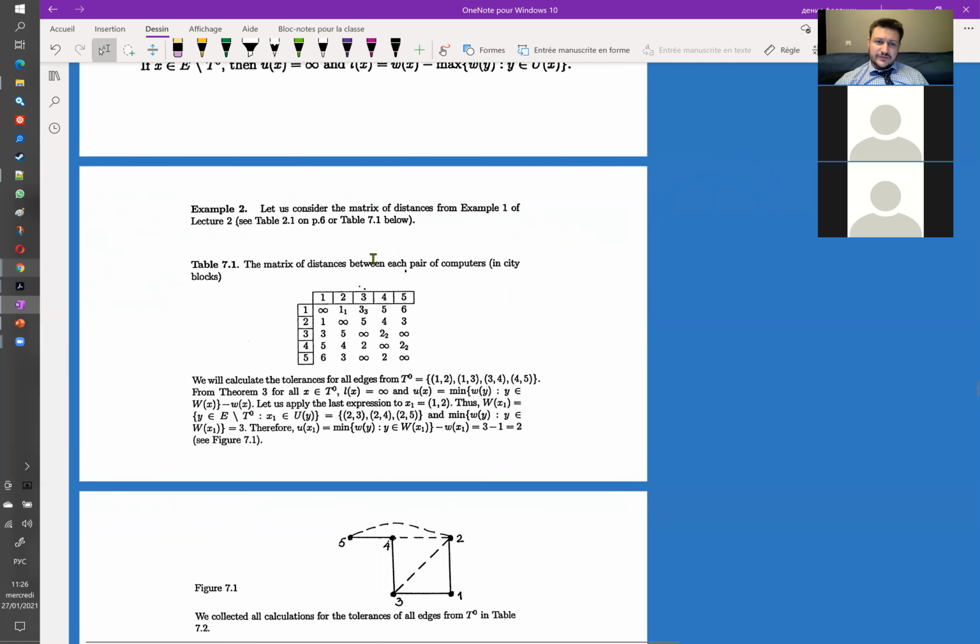So there is a matrix of distances here. It's not the same as we had before. So we had another one. We can write it here. So, sorry. I have 1, 2.